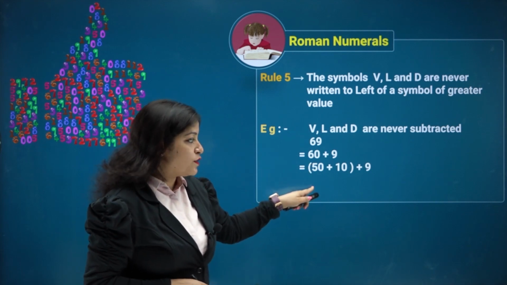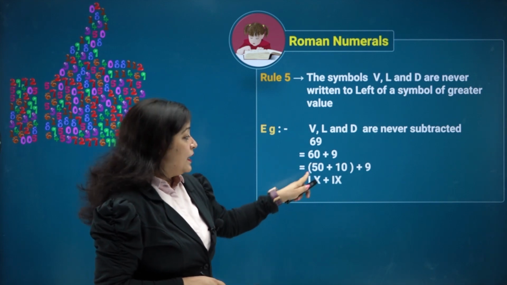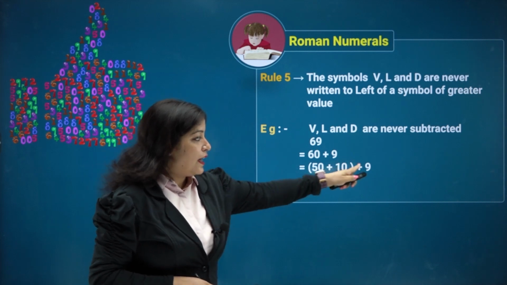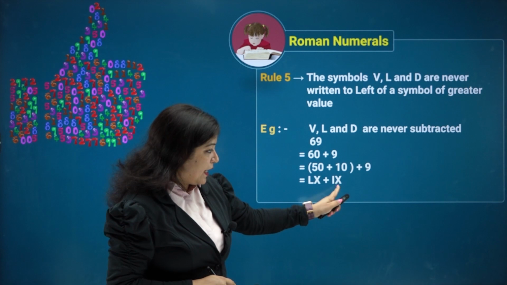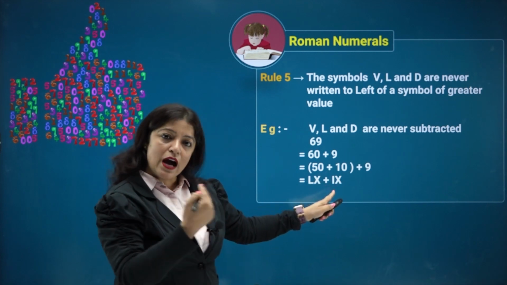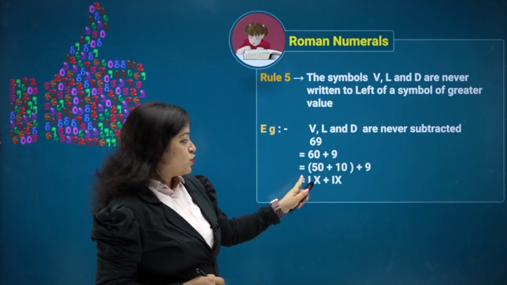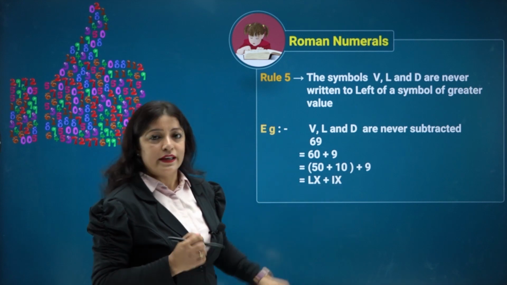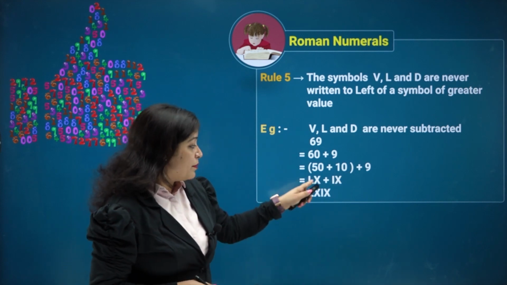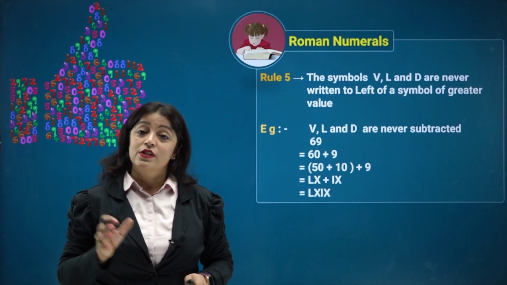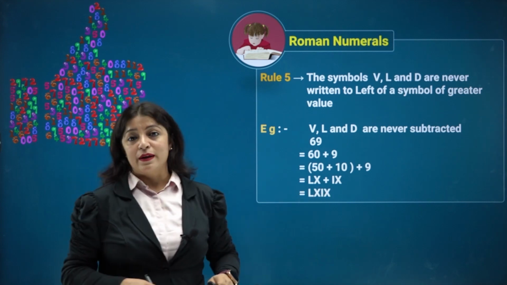So 50 stands for L, 10 stands for X and 9. Now 9 will be written as 10 minus 1. So 10 is X and minus 1 means I is written before that. So LX and 9 stands for IX. Together they will combine to give you the number LXIX. So 69 is written in this manner.